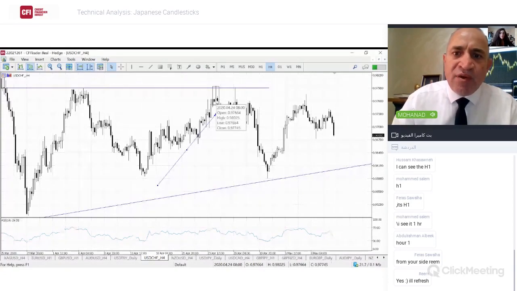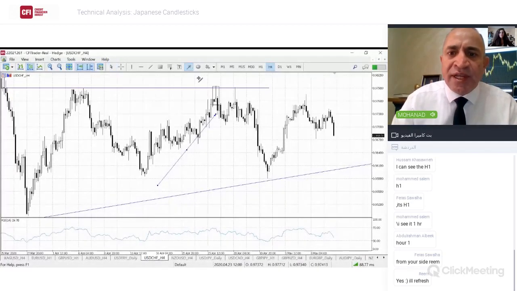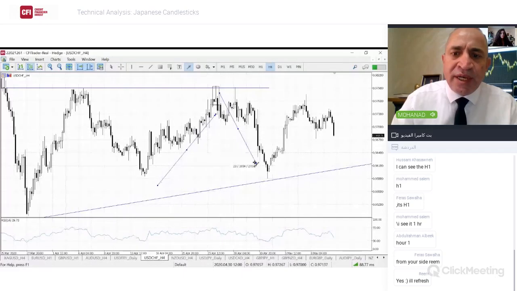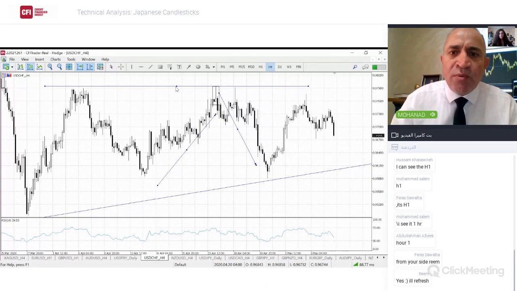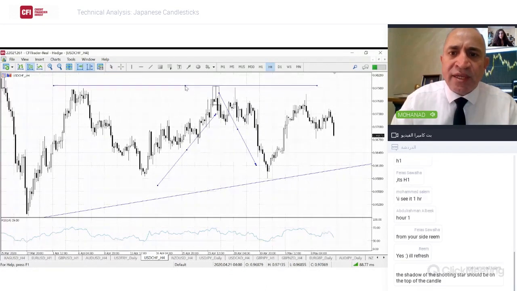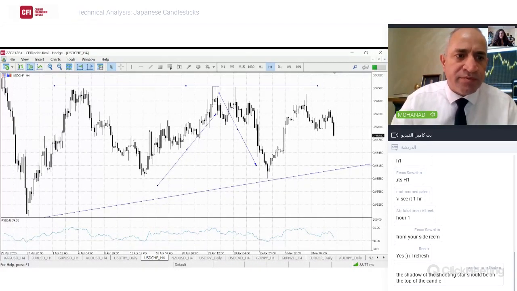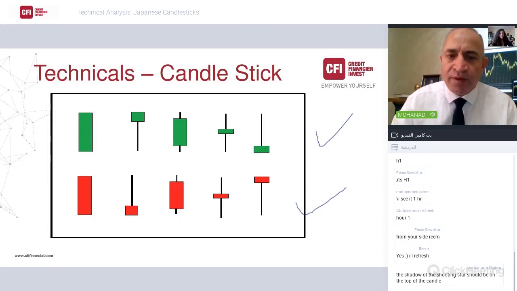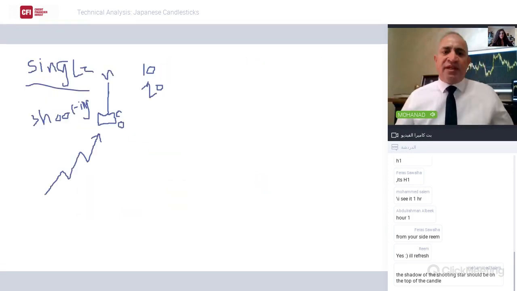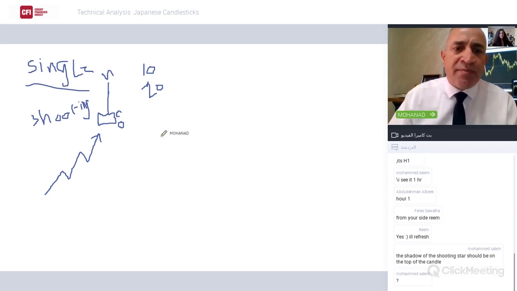As we see, the length of the tail is at least twice the length of the body. So when I see this candlestick, I expect the market will reverse its direction from uptrend to downtrend. At the same time, my stop loss will be at the high of the candlestick. The shadow of the shooting star should be on the top of the candle. This is the first type of the single reversal pattern.